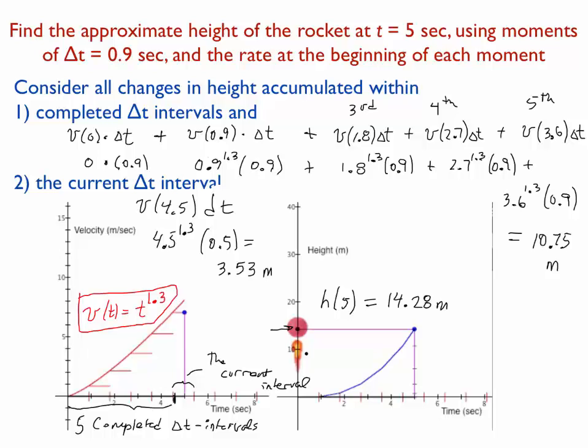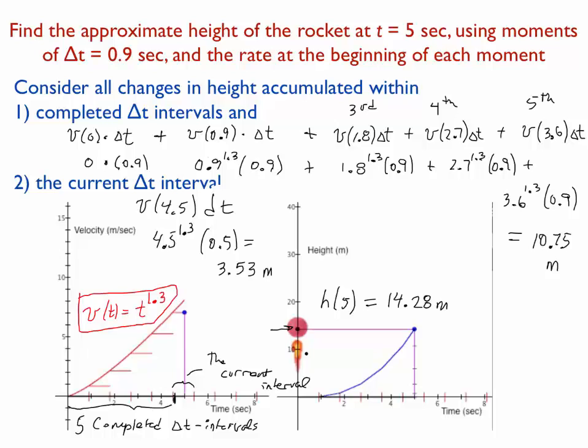I'm sorry? Shouldn't we have added 4.5 to the 1/3 power times 0.9 to that? No, 0.5. In the current interval, we don't have a full interval. Consider all changes in height of the accumulator within completed delta t intervals.